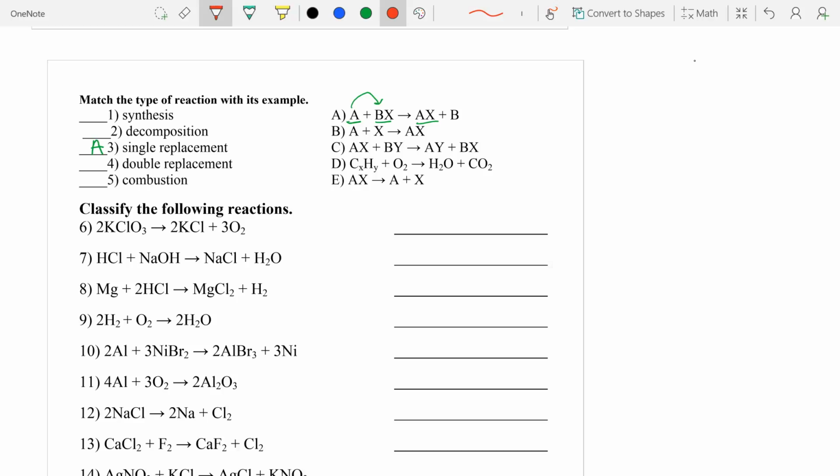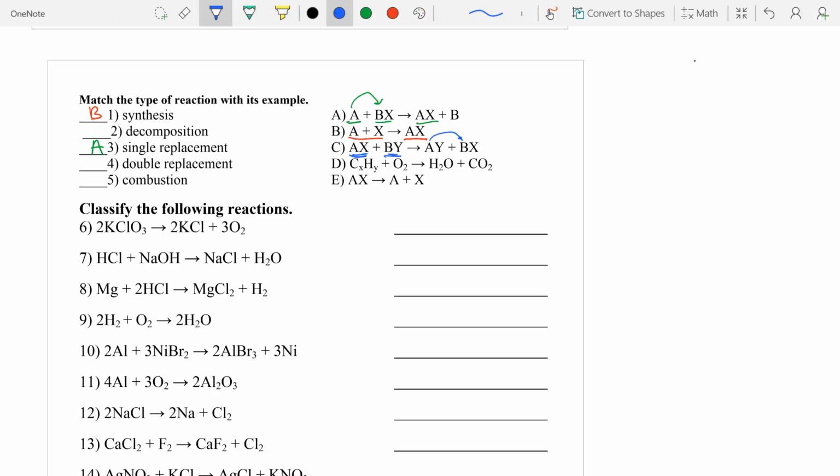If we look at B, we have two things that become one thing, which is like marriage, which is synthesis. When you synthesize something, you're creating something new. In this case, you're creating a new marriage, or new compound, between element A and element X. And if we look at C, we have a compound here and a compound here, and we can see that A and B have swapped places from before.